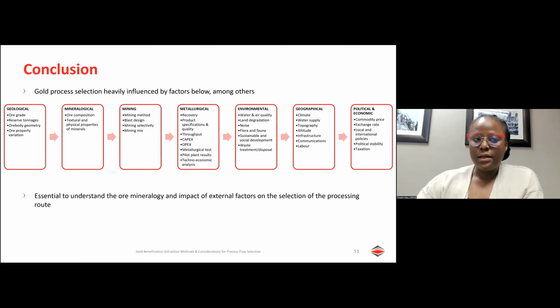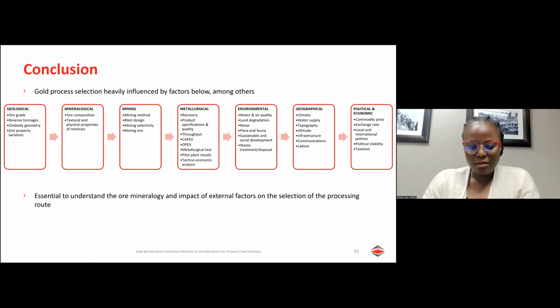Okay, so finally, in conclusion, the gold beneficiation process selection is influenced by a number of factors, which we went through in part 1 of today's presentation. Similarly, it is very, very important for you to understand the type of gold ore that you're going to be treating.